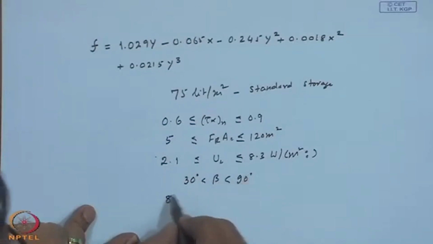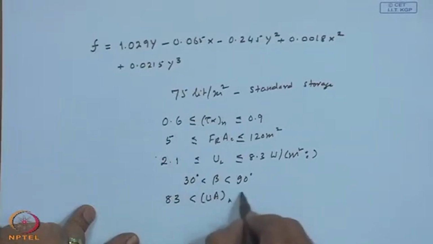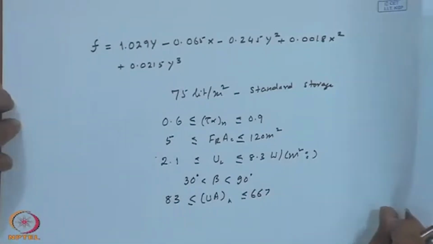And the building loss coefficient, which we discussed yesterday in detail, is in the limits 83 to 667. This, when multiplied by the degree days, will give you the space heating load directly.